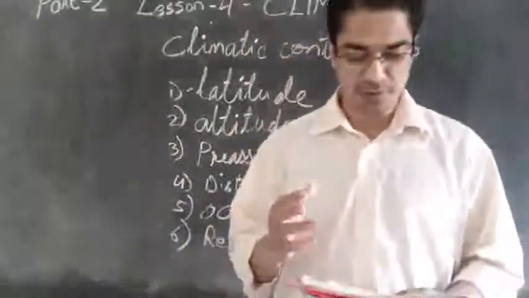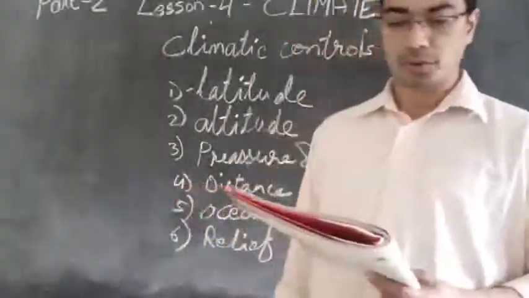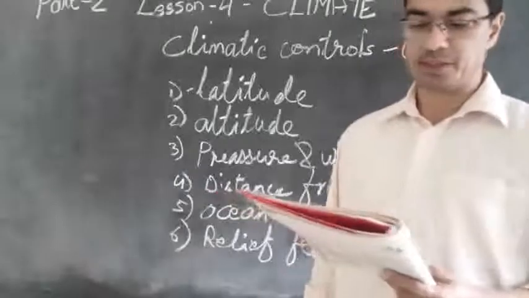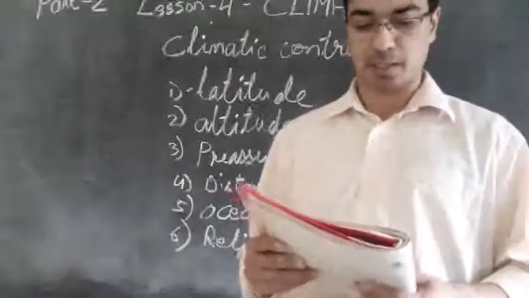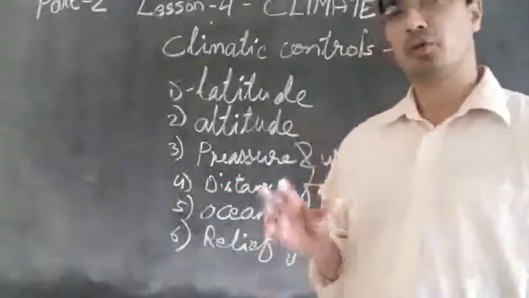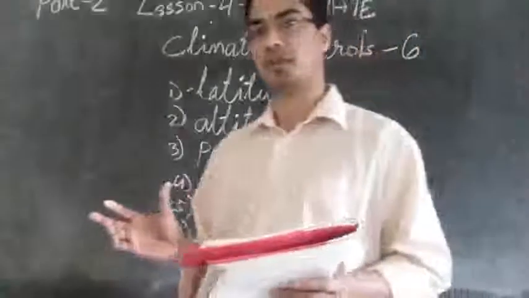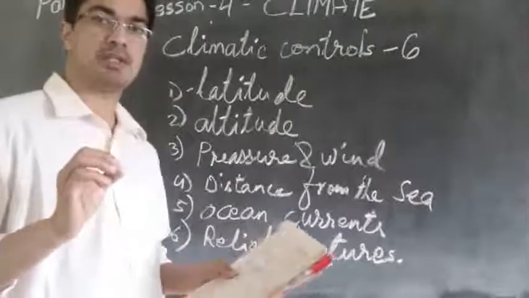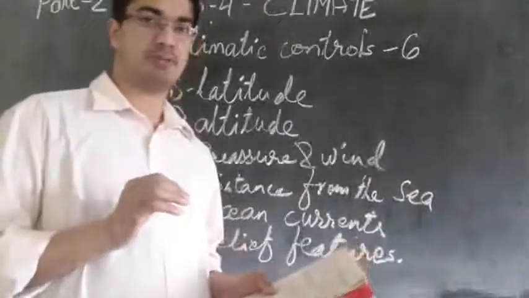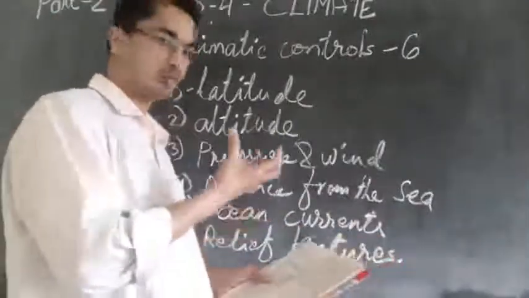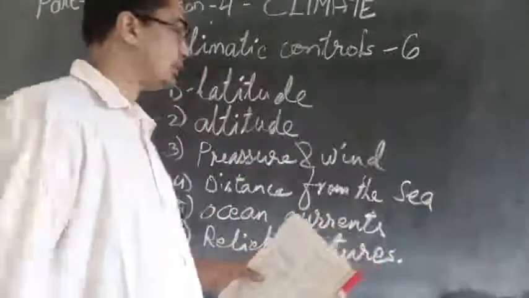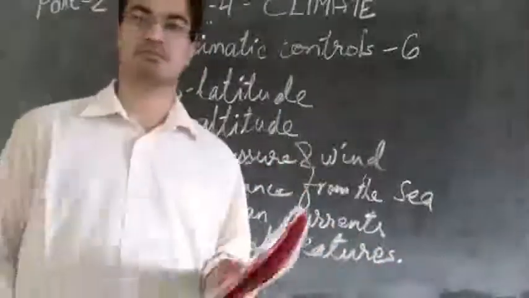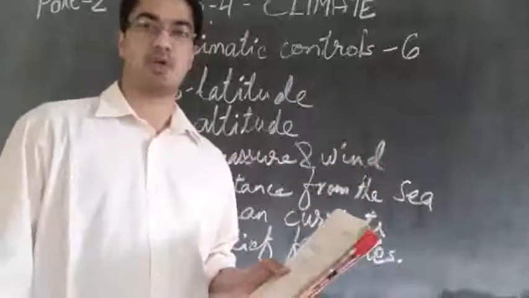Because of this nature, the amount of solar energy received varies according to latitude. So because of the curvature, the solar energy received by the earth is not the same everywhere. Places near the equator receive more sunshine.